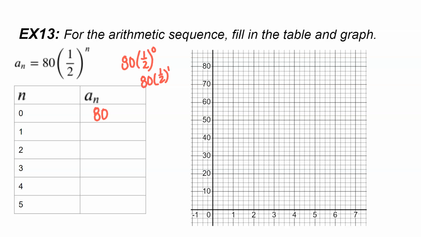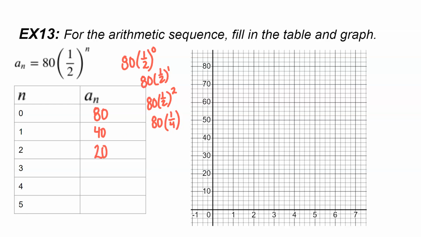That's just half of 80. That's going to give me 40, sorry. Then I have to do 80 times 1/2 to the second power. Now when I square a fraction, I just square the top, square the bottom, so that'd be 1/4. So I'm doing 1/4 of 80, which is 20.